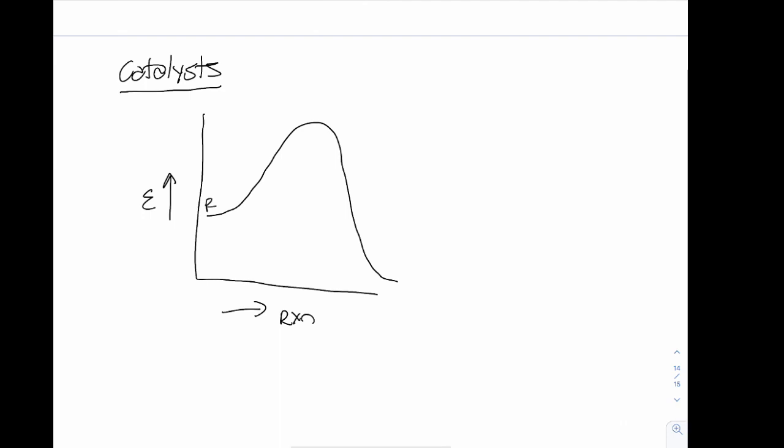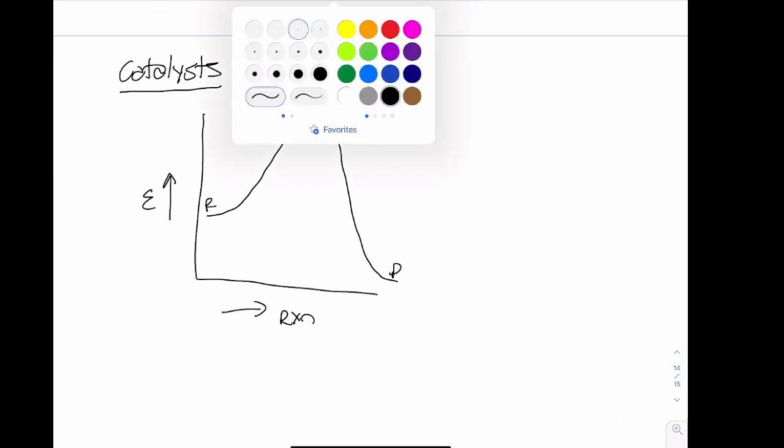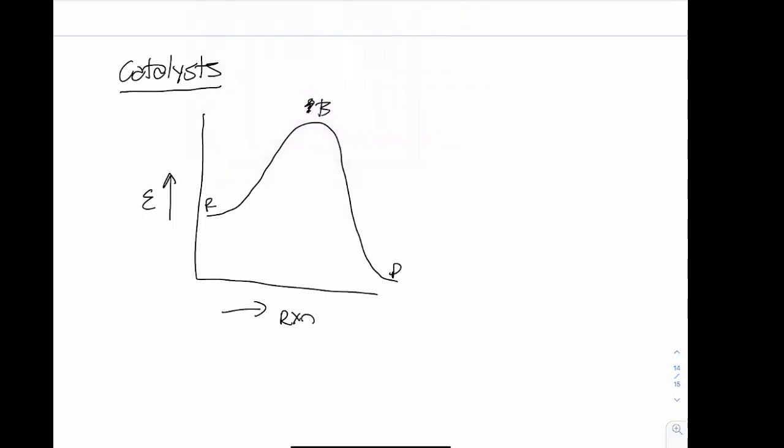So my reactants, my transition state and my products. And then if I was to draw another line saying if I added a catalyst, what would happen? Remember, catalysts often act by decreasing that activation energy.